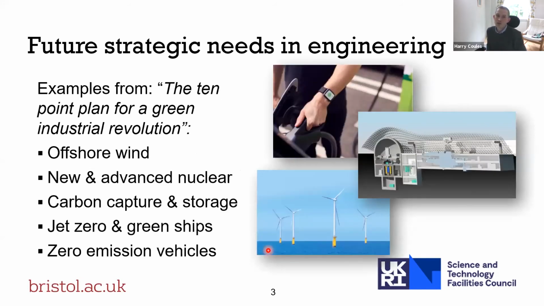So what are the strategic needs? Well, again, this has been covered by some of the previous presenters, but from an engineering perspective, there are quite a few things in, for example, offshore wind, new and advanced nuclear that are foci for the government. Just recently the government put out a 10-point plan for green industrial revolution, and that sort of feeds into BEIS's strategic priorities.